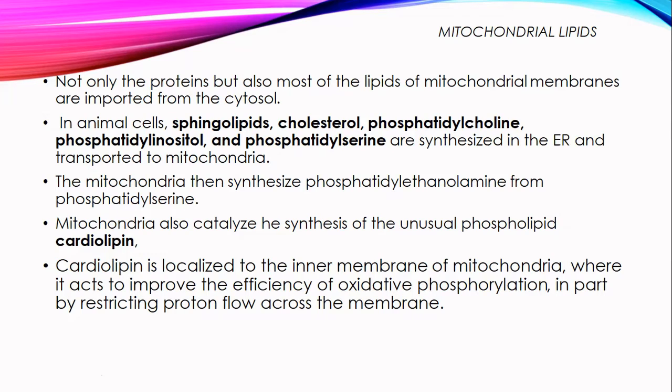Now, what is the importance of cardiolipin? Cardiolipin is localized in the inner membrane of mitochondria. So it is found in the inner membrane of mitochondria, which acts as important sa oxidative phosphorylation during the electron transport chain. So, importante si cardiolipin.